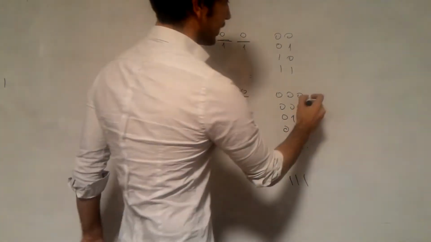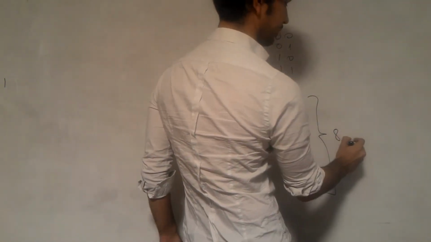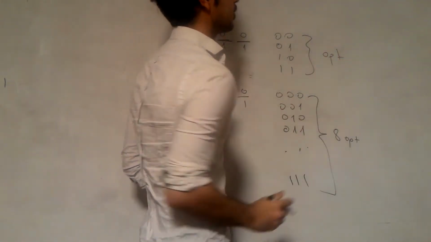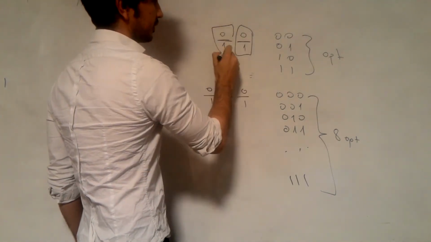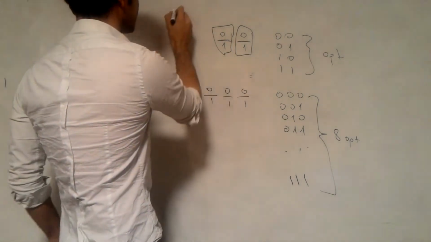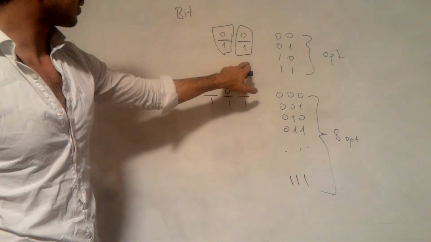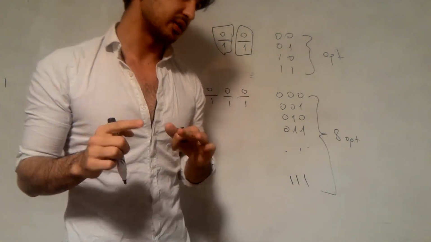You have 8 options here. And here 4 options. So we call every single digit 1 bit. This is 1 bit, this is 1 bit, this is 1 bit. These bits can be 0 or 1.